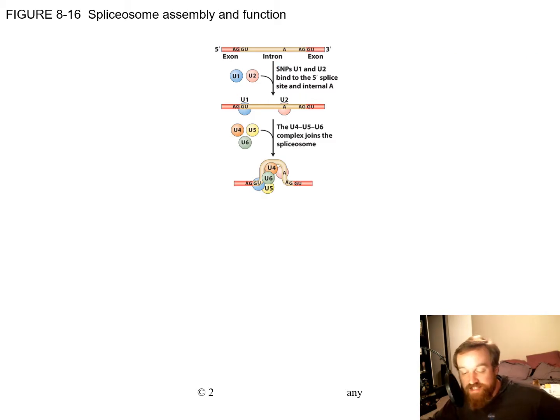Once those two snRNPs are bound, three additional snRNPs will be recruited, U4, U5, and U6. What this complex does is it will bind to U1 and U2 and start to bring them together. It kind of forms the precursor of one of those hairpin loops, kind of like we saw in RNA.